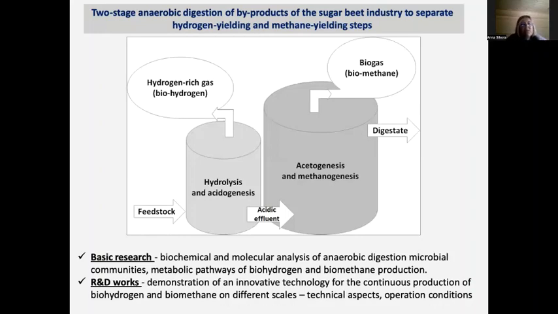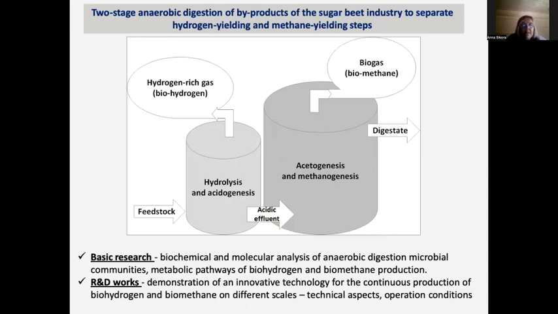Here you can see two-stage installations for biohydrogen and biogas production from sugar beet molasses at 3 different scales. Laboratory scale in our institute, it is technological readiness level 3. Tenfold in large installation, it is technological readiness level 4. And a quarter scale installation, it is technological readiness level 5.